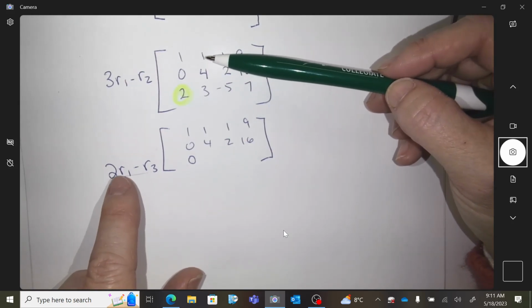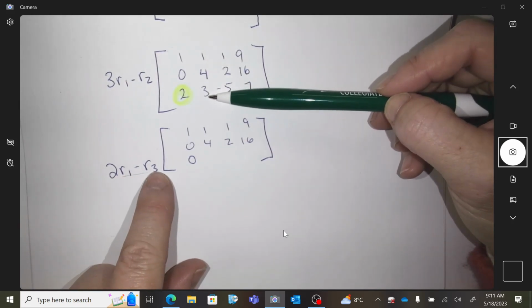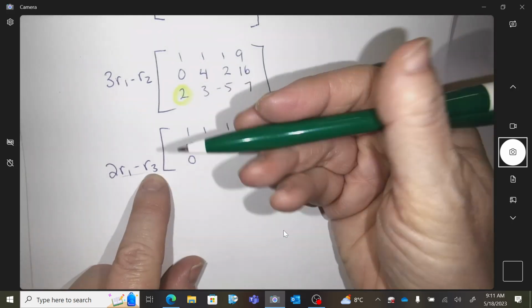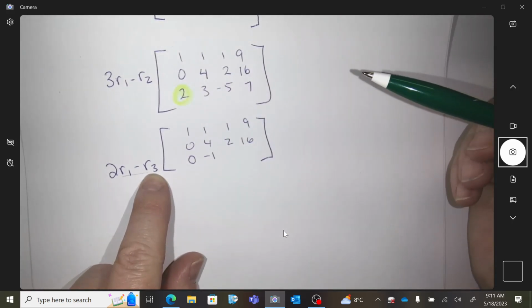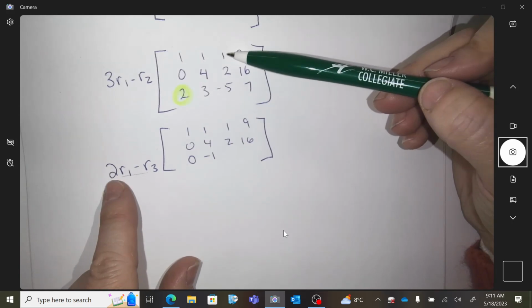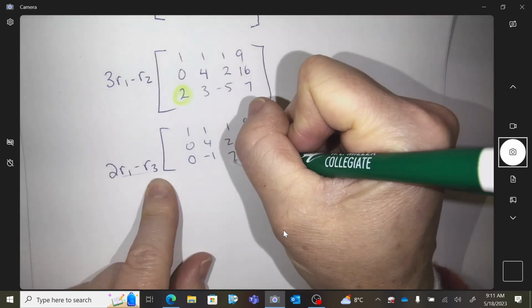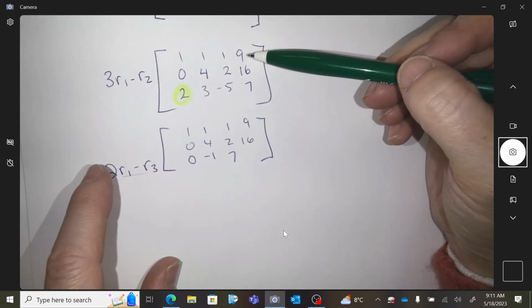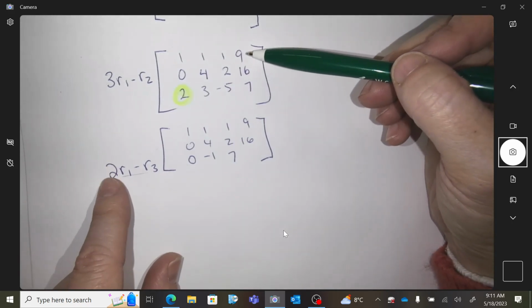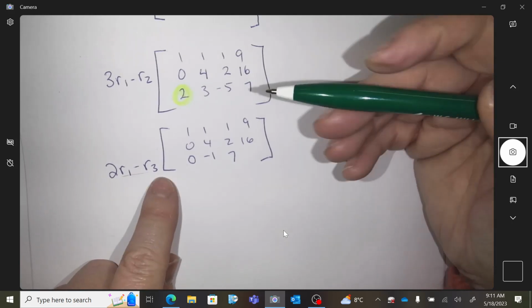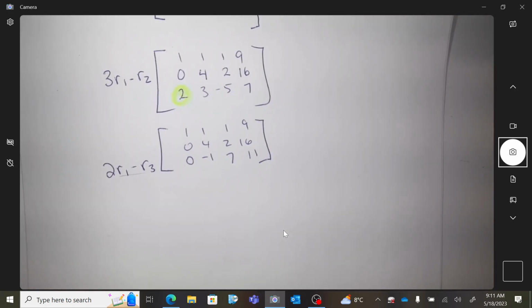Okay, so this would be 2 minus 3, so -1. 2 minus a -5 adds the 5, so 7. 2 of these is 18, minus 7 is 11.